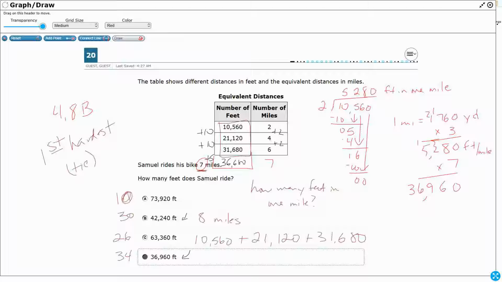But they need practice thinking in terms of unit rate, something that they do in middle school, because that's going to help them at least identify I need to do some type of division, figure out what my first unit rate is. And so understanding how to attack this is probably the first step.